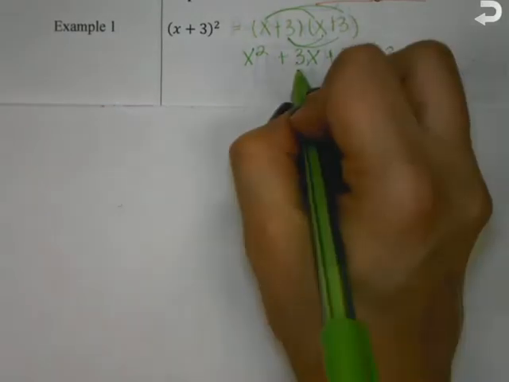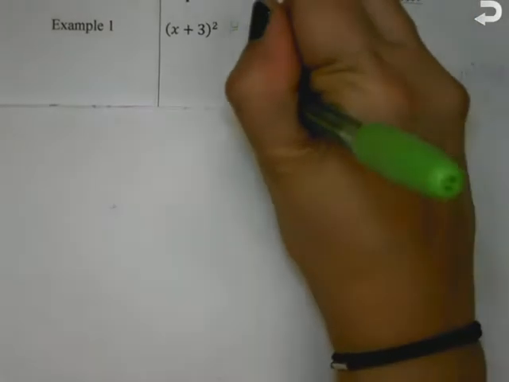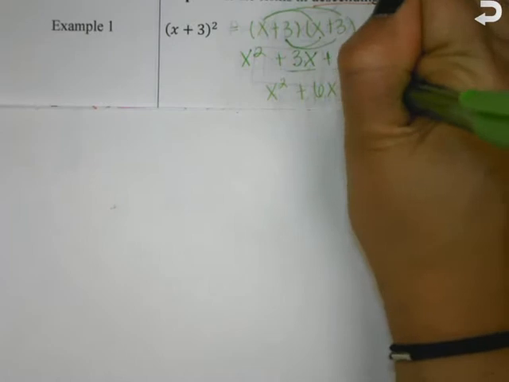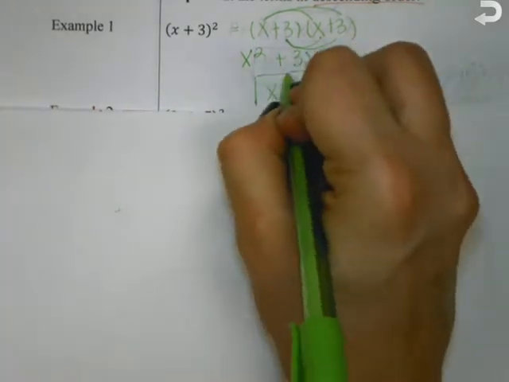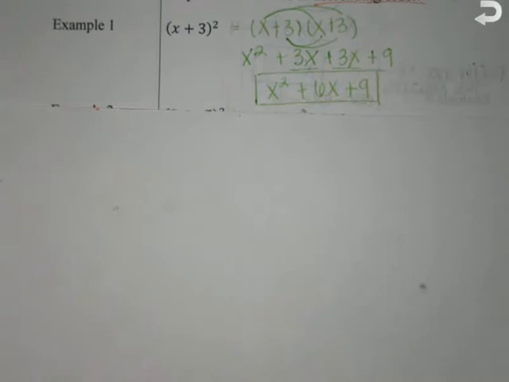When I combine like terms, that gives me x squared plus 6x plus 9. That's my answer. Okay? If you use box method, you would get the exact same thing.